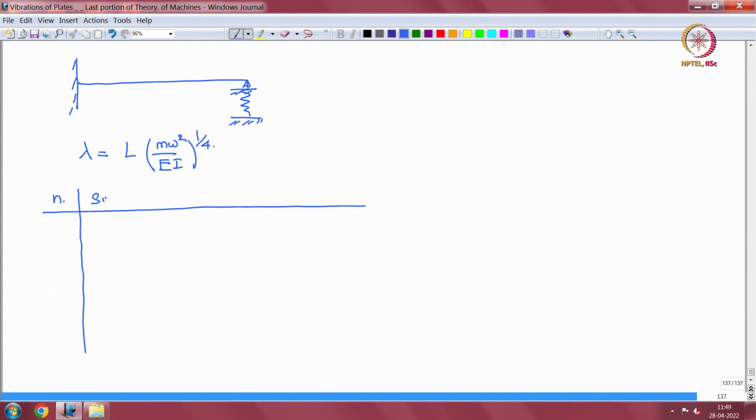The sign of the stiffness, then the absolute value of the stiffness, and compared with the Lagrange multiplier method.